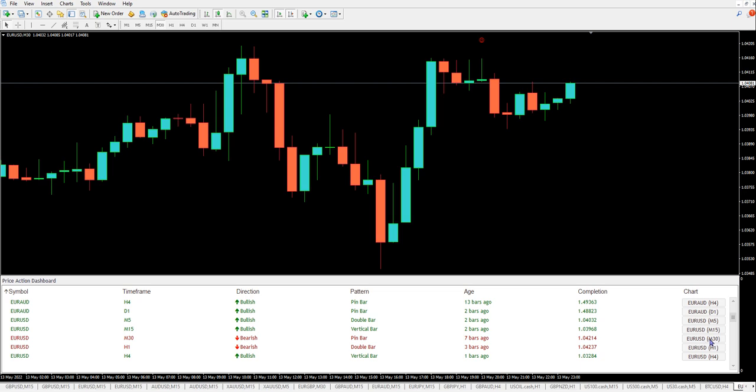And so here I've clicked on the Euro with the 30-minute chart. You can see it says how far ago it formed, the type of pattern, and whether it's bearish or bullish.